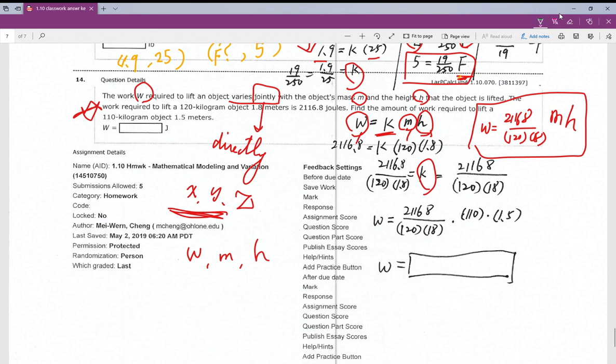They give you find the amount of work. So you need to find the amount of work required to lift a 110 kilogram object, and you want to lift up for how high? 1.5 meters. So you follow this formula, and then you can solve for that.